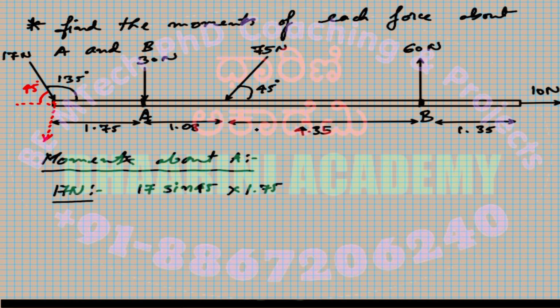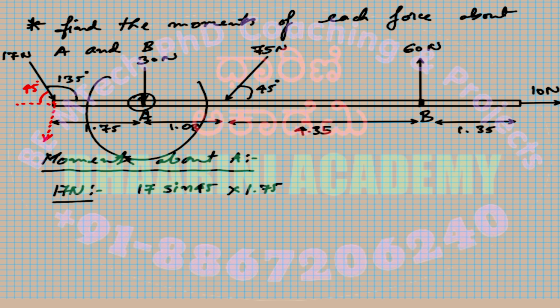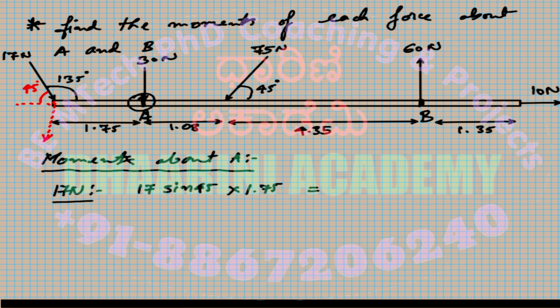All right, so force into distance, and I need to find out whether this is going to rotate clockwise or anti-clockwise. I think this is going to rotate it with respect to A from up to down. It is going to rotate in the anti-clockwise direction. Anti-clockwise moment, according to us, is positive, right?